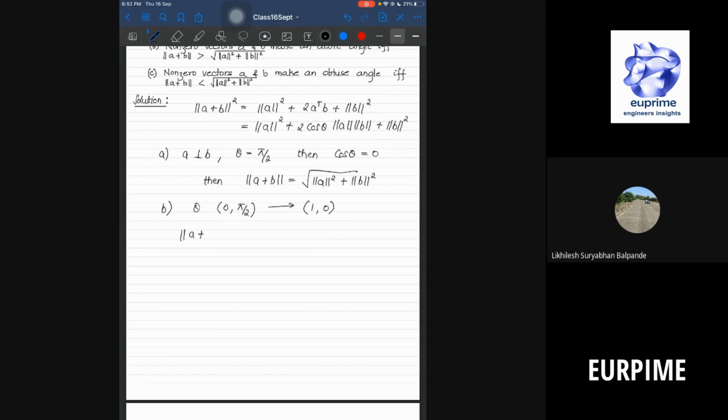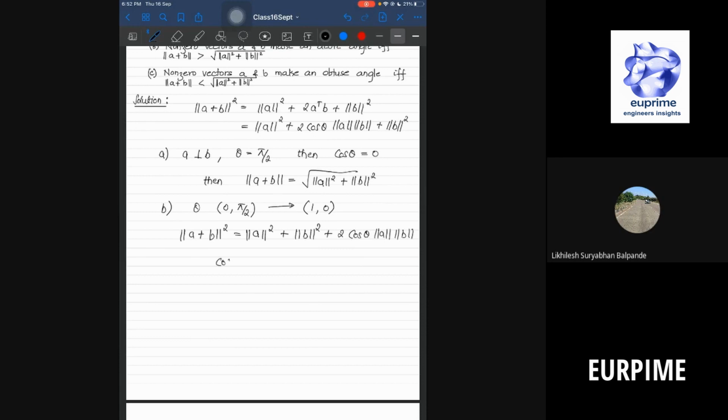Then we can write a plus b square as L2 norm of a square plus L2 norm of b square plus 2 cos theta norm of a norm of b.